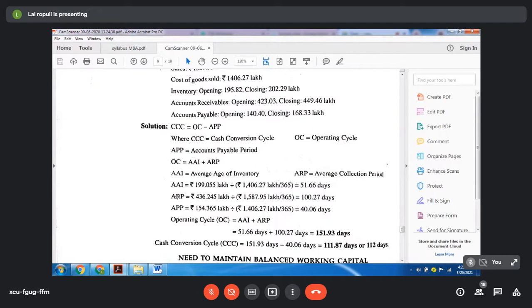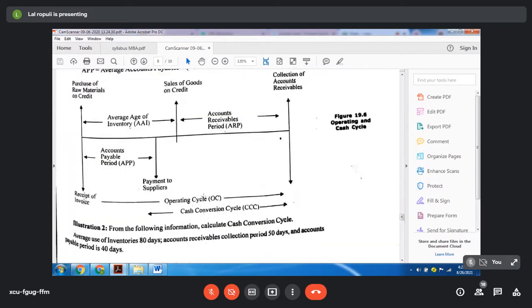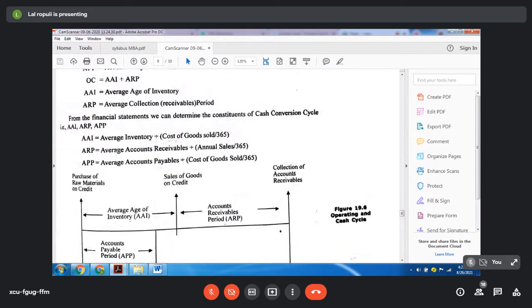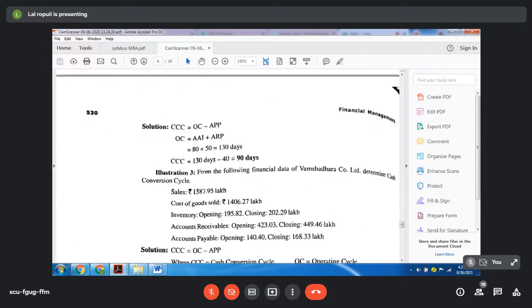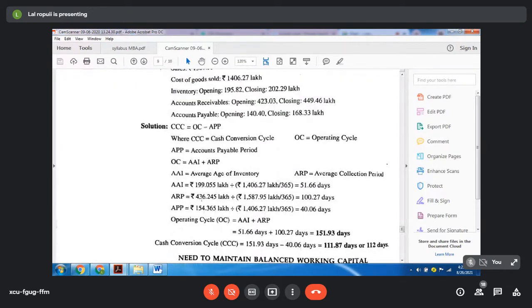Now the average accounts receivable period formula, let us see. Average accounts receivable divided by annual sales divided by 365 days.